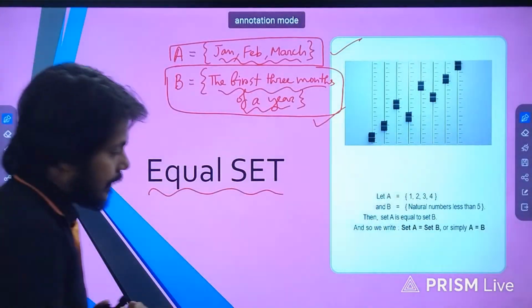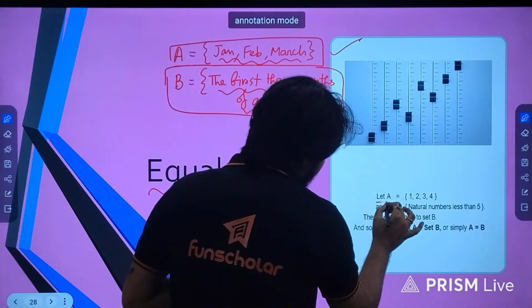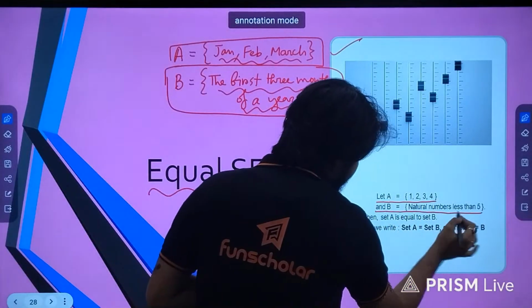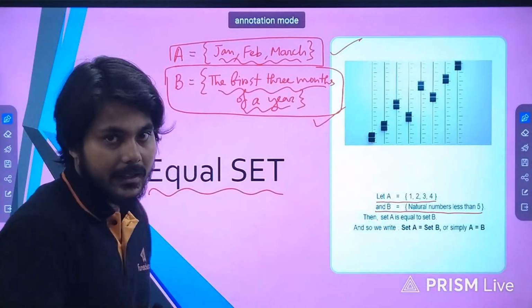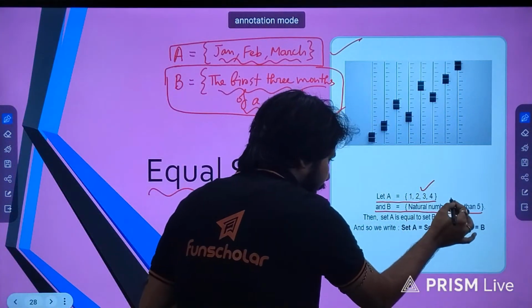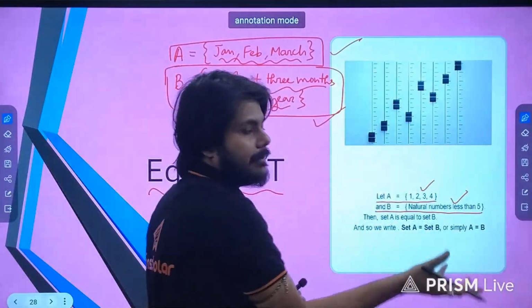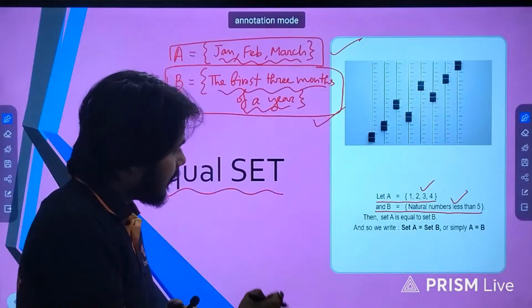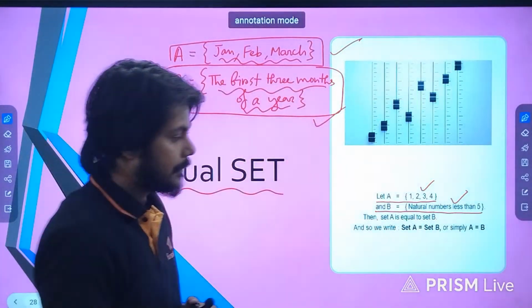Am I clear? Now let A equal to 1, 2, 3, 4, and let B equal to natural numbers less than 5. What are the natural numbers that are less than 5? 1, 2, 3, 4. So these elements and this statement are same. There is no difference between this tabular method and the description method.